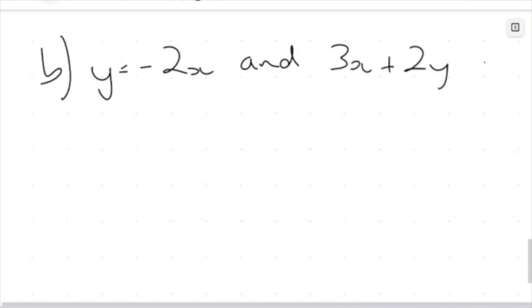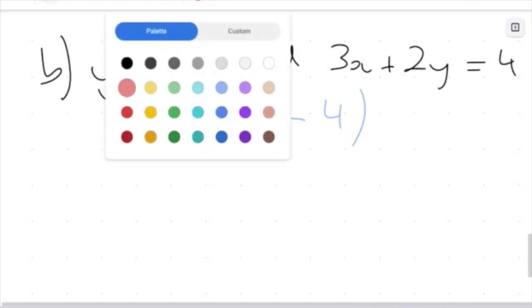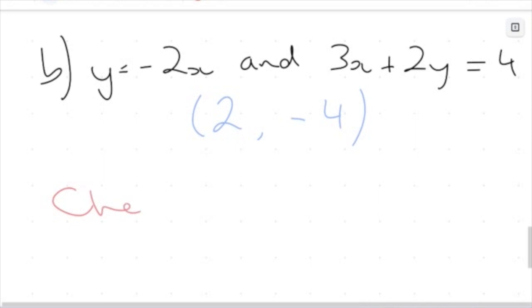So we're going to check if for the lines y equals -2x and 3x plus 2y equals 4, for the point 2, -4. So my x coordinate's 2, my y coordinate is -4. Let's check for my first equation. We're going to check y equals -2x.